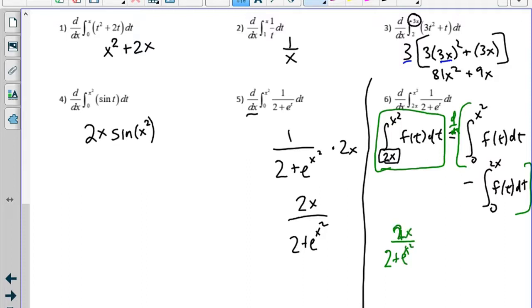We did that in the previous problem. Then I'm going to subtract what happens when I have 2x in this case. And the derivative of 2x is just 2. So I get 2 plus e to the 2x in the denominator and 2 in the numerator. It's kind of sloppy handwriting, but sorry about that.